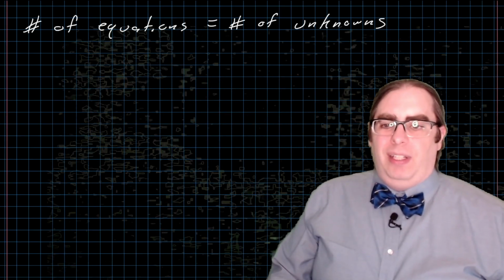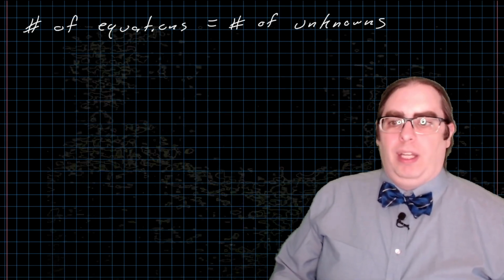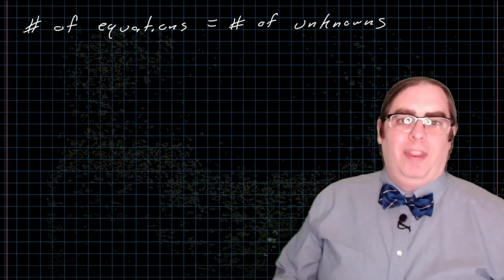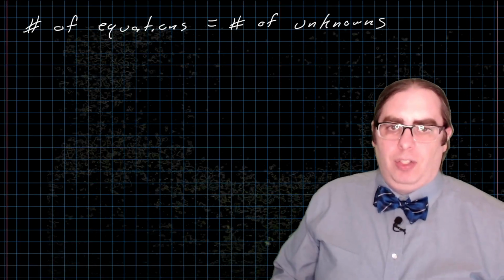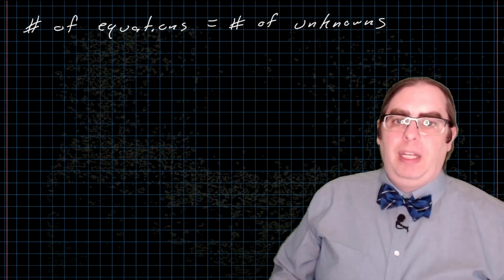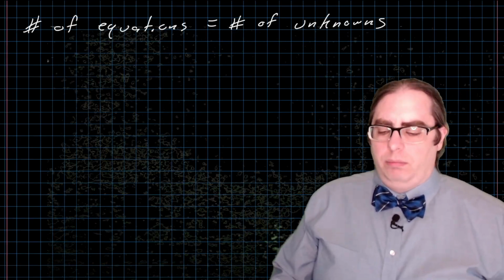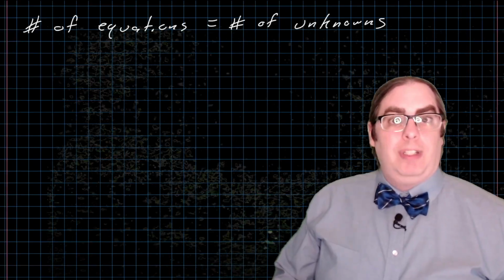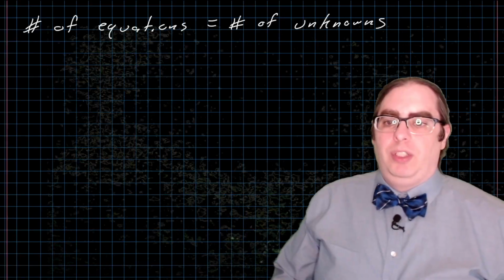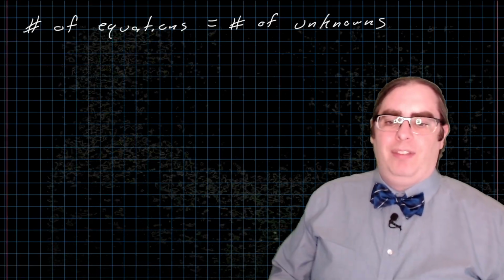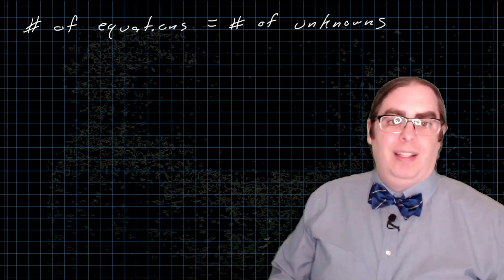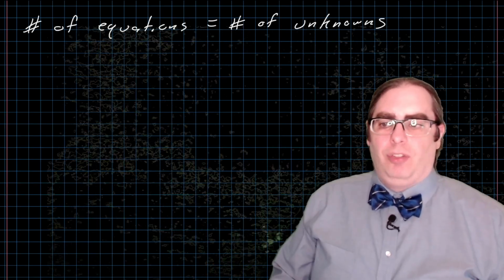It turns out that it's actually pretty easy to write a system of equations in this form that still does not have a unique solution. But it is impossible, well, mostly impossible. Okay, it's somewhat difficult to write a system that does not have this setup and still has a unique solution.